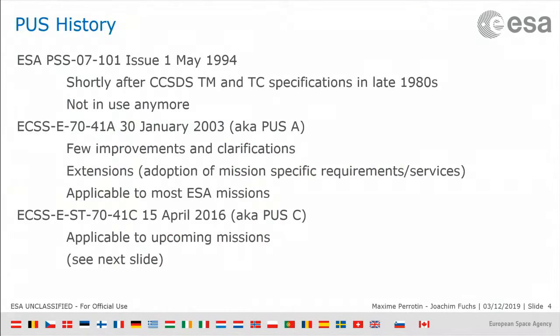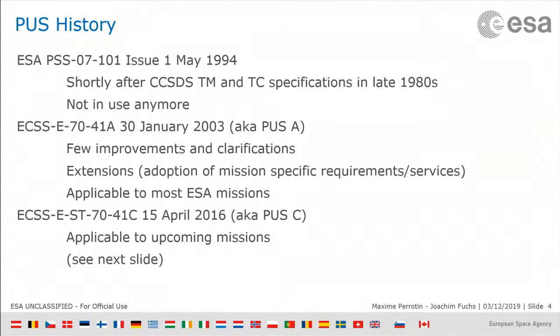I still want to make a little history of the PUS standard because it's important to understand what we did and why we can do what we do with this model-based approach now. The first definition of the packet utilization stems back from '94. It was before we had a standardization body.